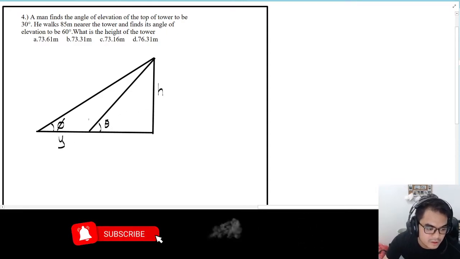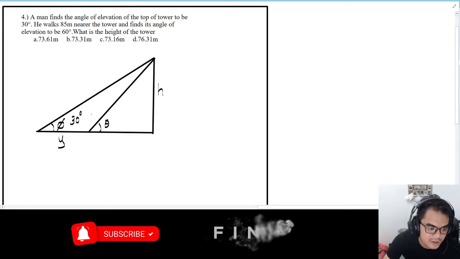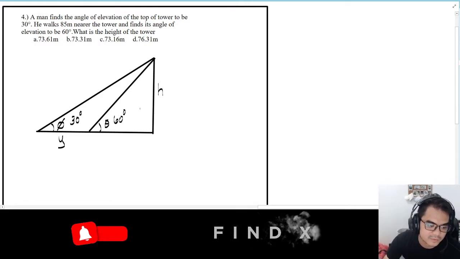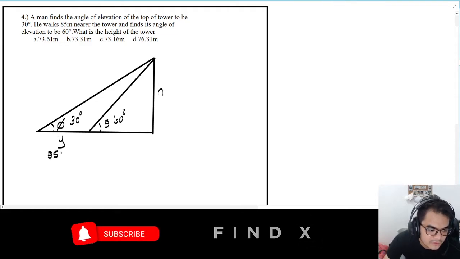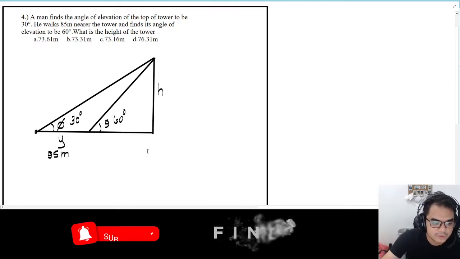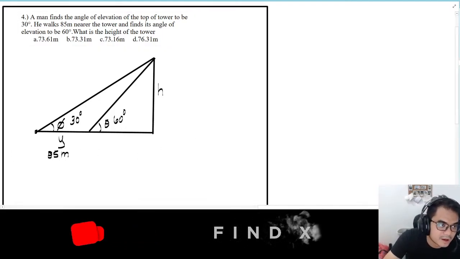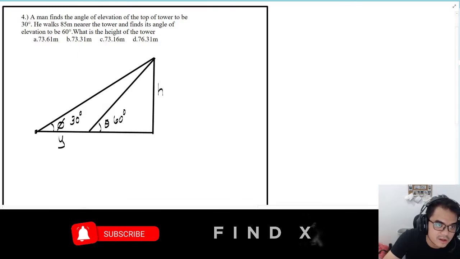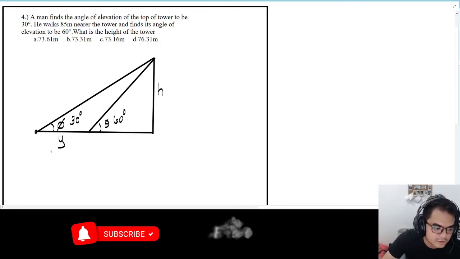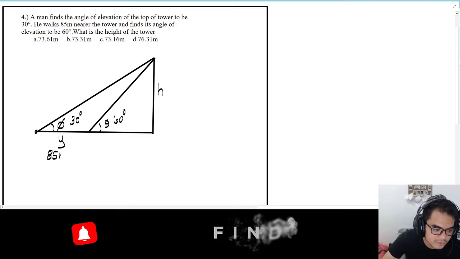Okay, so phi here will be 30 degrees, right? And this will become 60 degrees from the given, and y here will be your 85 meters. So this will become your starting point. So he walks 85 meters nearer. So he walks 85 towards the tower, right? So this will become your 85 meters.